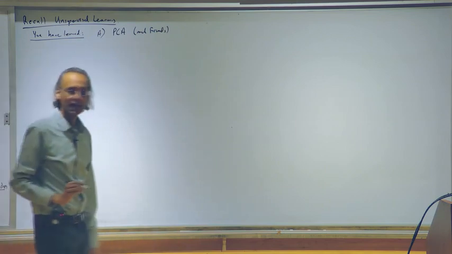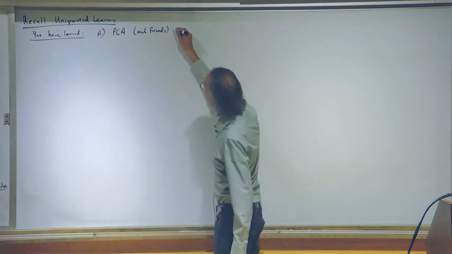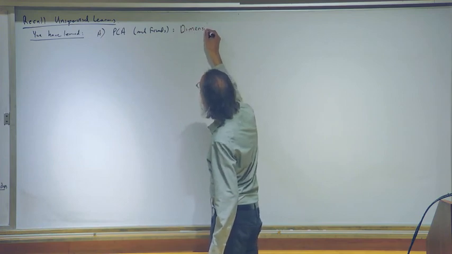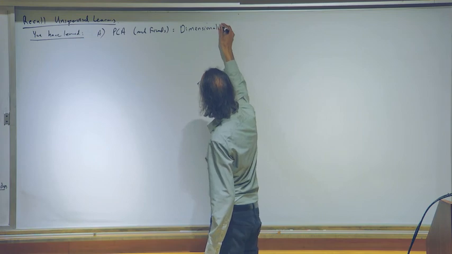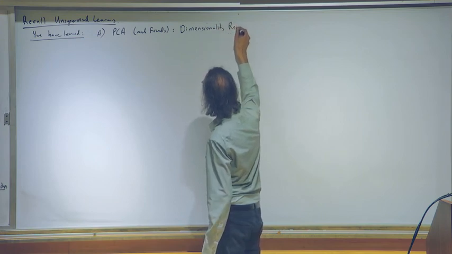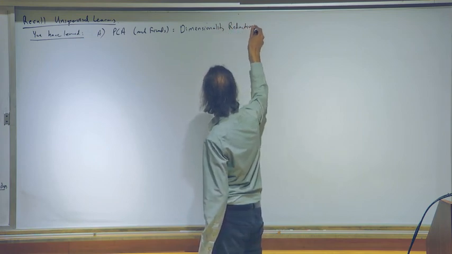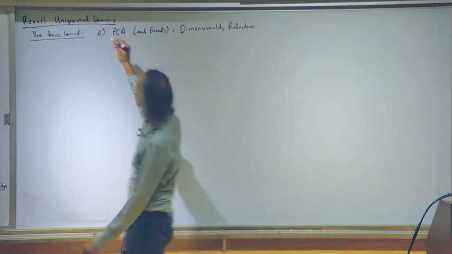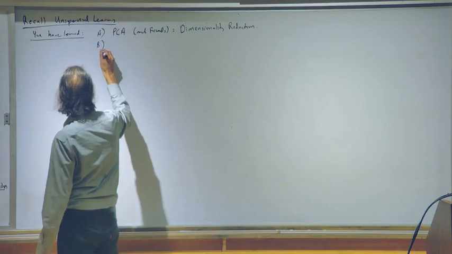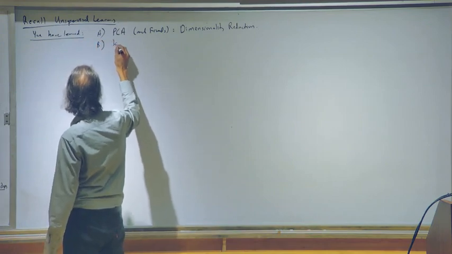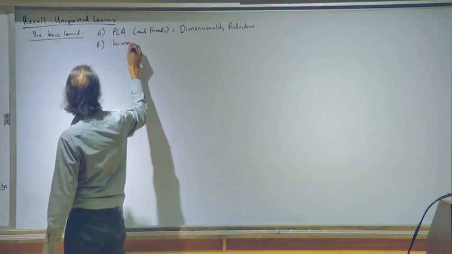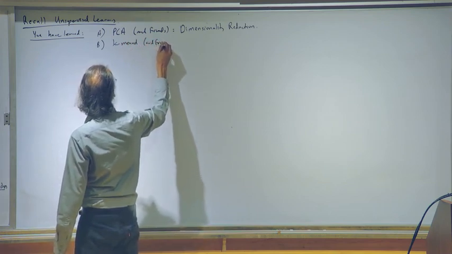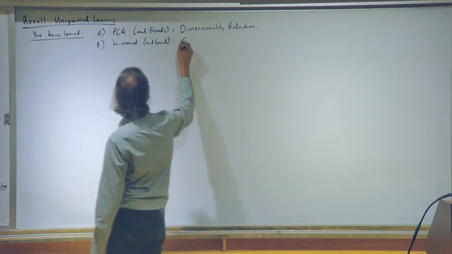And PCA and friends are kind of dimensionality reduction. And the other thing you have learned is k-means and friends, which is clustering.